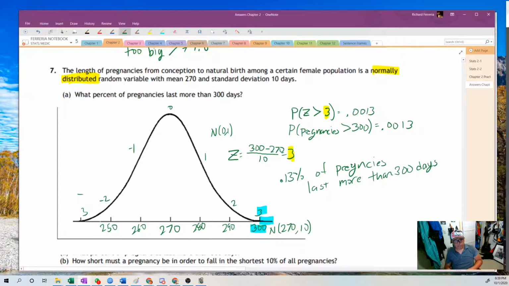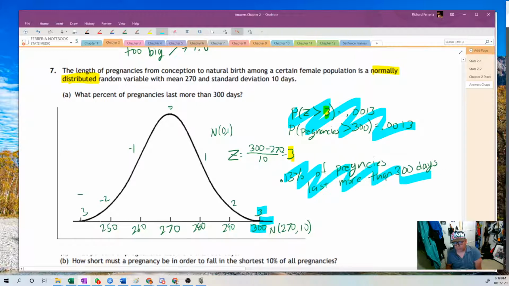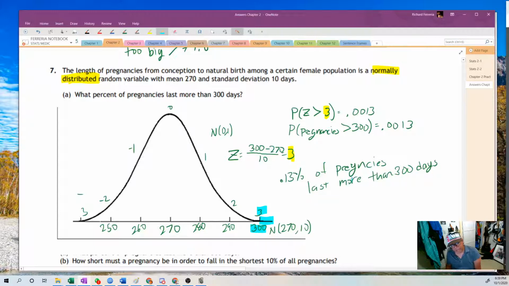Just to note again the things that we have done: we've got our z-curve here, we've got our z calculation right here, we've got probability statements right here, and we've got our summary right there. So that's everything that you could possibly want for this, and we'll move on to the second question.